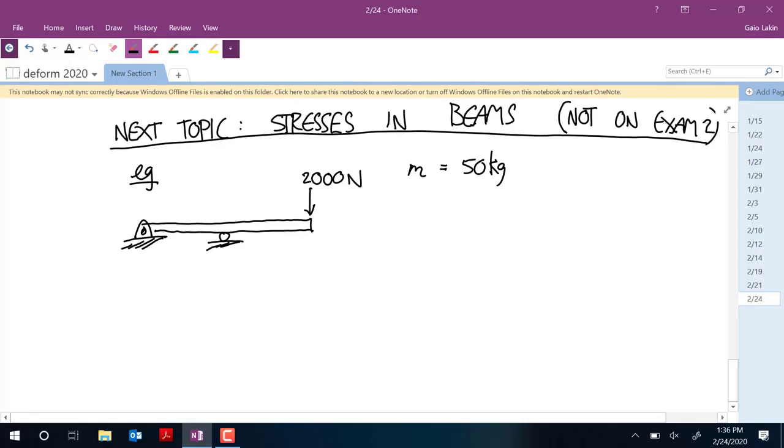And let's say we know something about the cross section, we know the dimensions. What are the stresses in the beam?